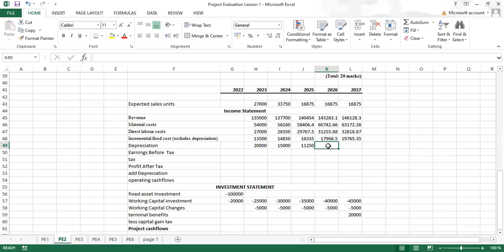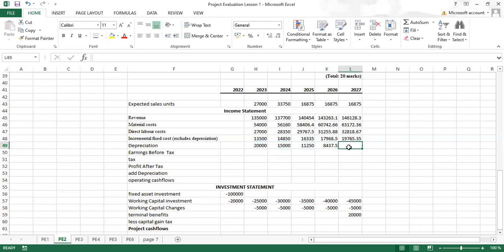We go to 2026, equals, open bracket, 80,000 minus the sum of, we open another bracket, this sum, close bracket, then close again bracket, times 0.25, control enter.